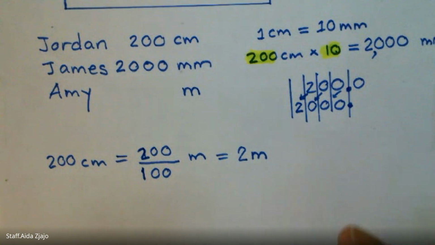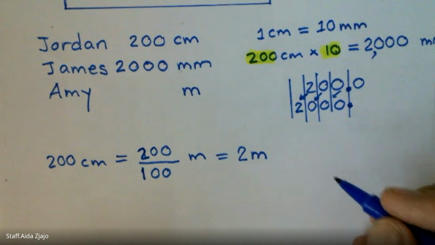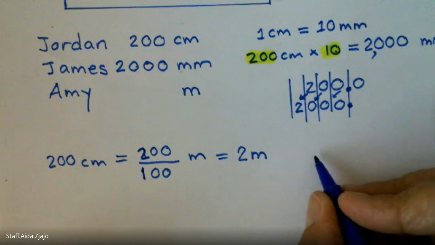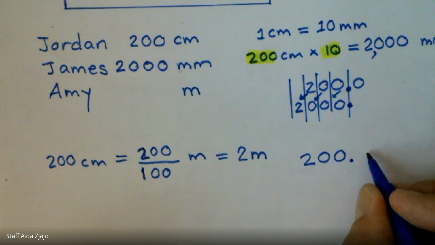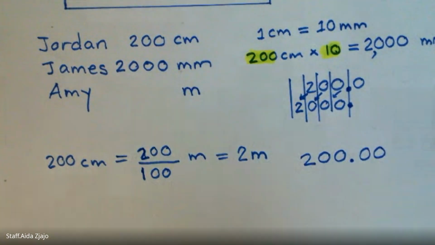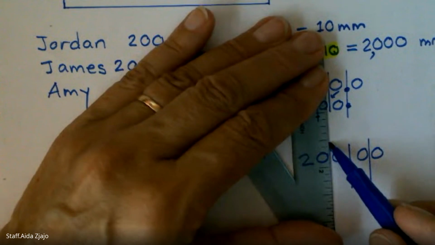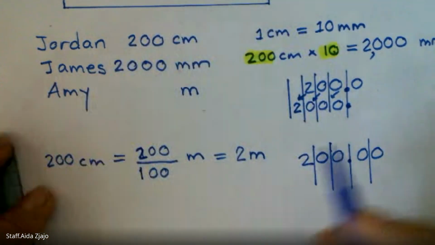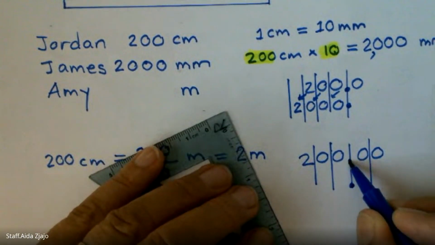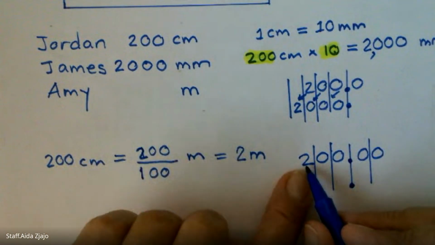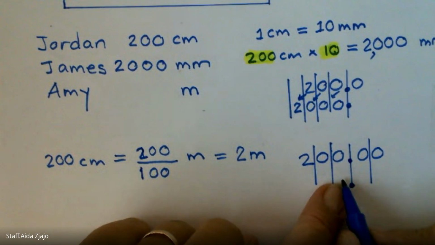If we show that in our place value chart, we can see, okay, that's 200 centimeters, and we draw lines for place value. We needed to divide by 100, so that means we needed to move twice, place value, divide by 10, divide by 10.